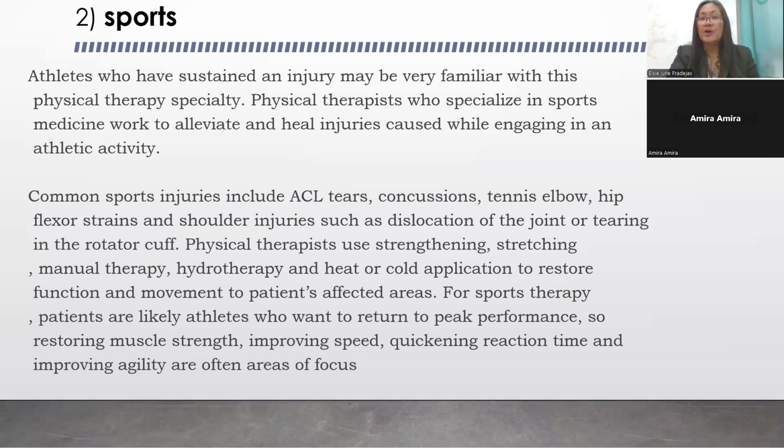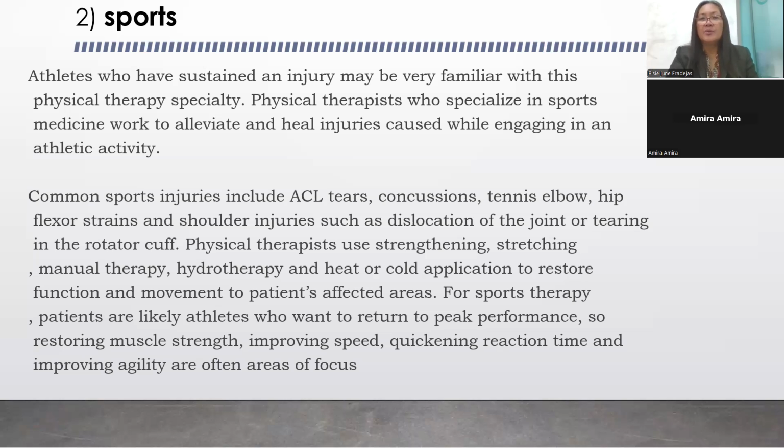The common sports injuries include ACL tears, concussion, tennis elbow, hip flexor strains, and shoulder injuries, such as dislocation of the joint or tearing of the rotator cuff.